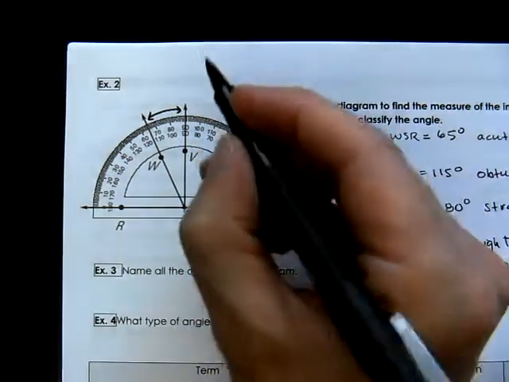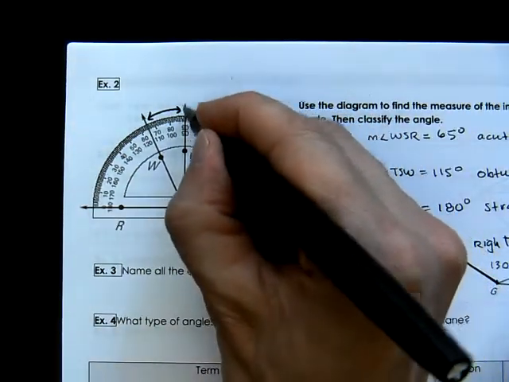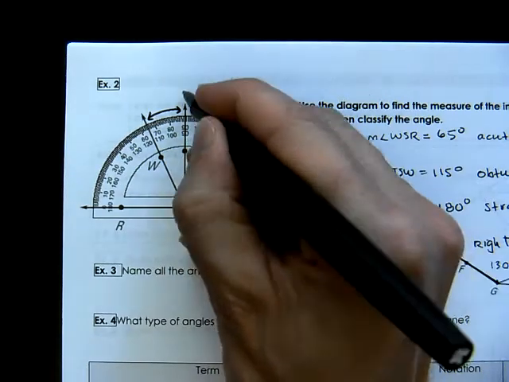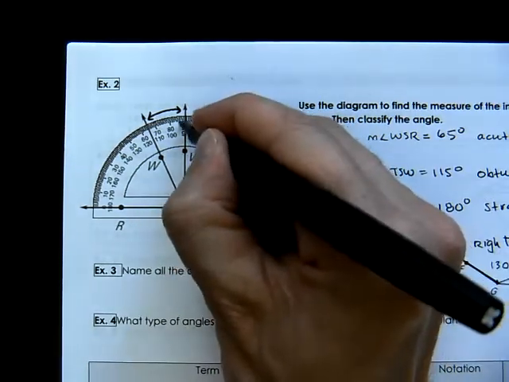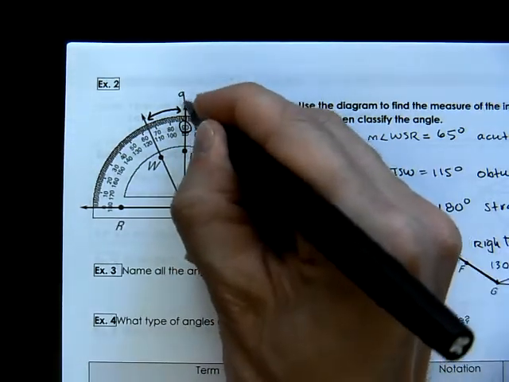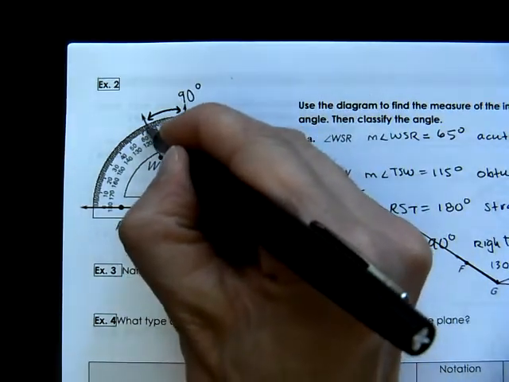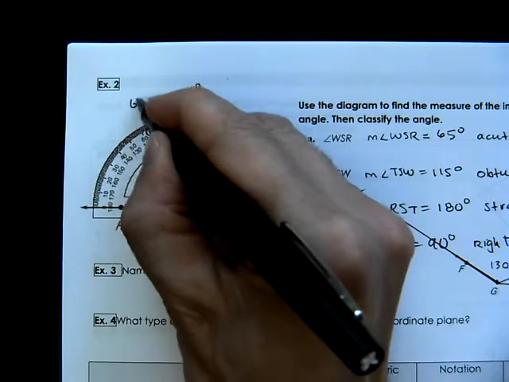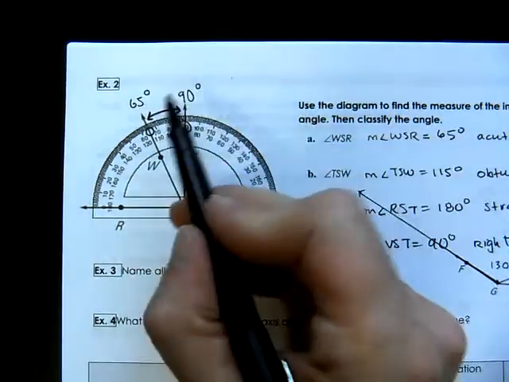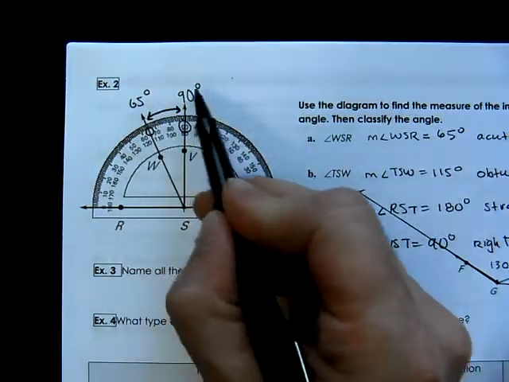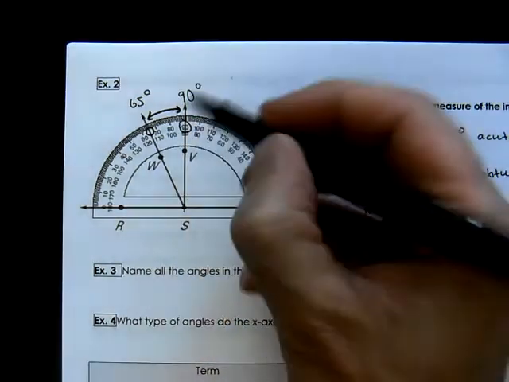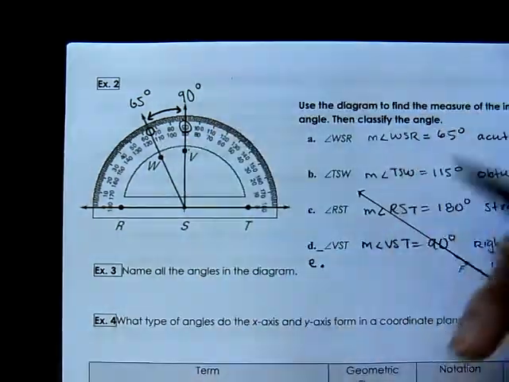So let's take a look at the outside track for an example. The right side of this ray passes through 90 degrees, and the left side of the ray, right here, passes through 65 degrees. So we would have to do a subtraction problem to find that. So this is angle VSW.